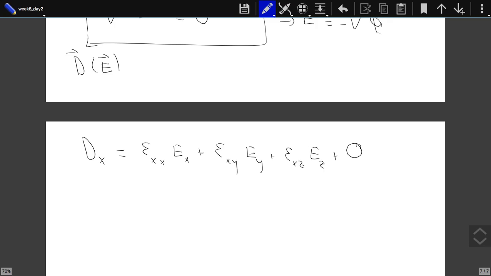Of course, there will be additional corrections proportional to the square of the electric field, to the cube of the electric field, etc. For most materials, we can just ignore those square and cube terms, and we end up having what we call the linear dielectrics. So D depends linearly on the electric field. And similarly for the Y components.